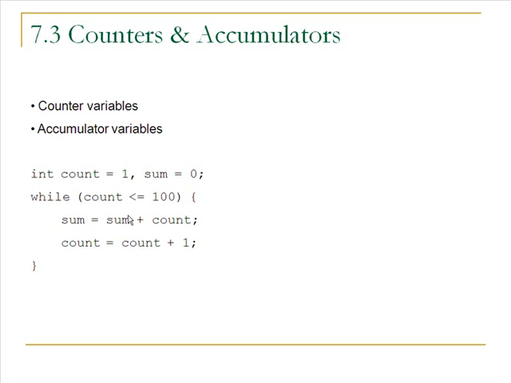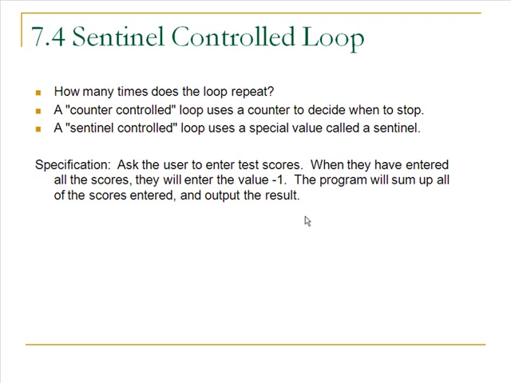So counter variables and accumulator variables are simply int variables, but they are serving different purposes. Well, accumulators might sometimes be of other data types. It's quite reasonable to have an accumulator of double values. I want us to talk about sentinel-controlled loops.